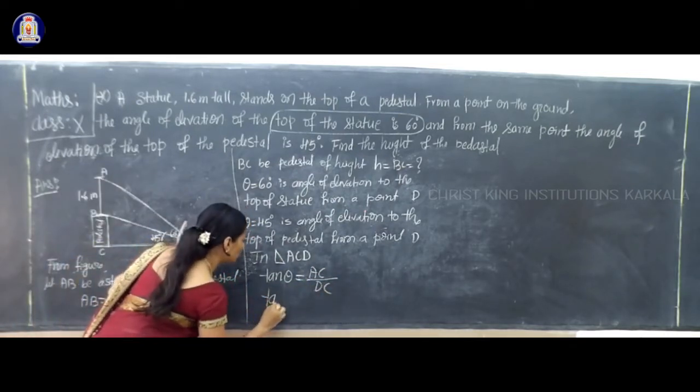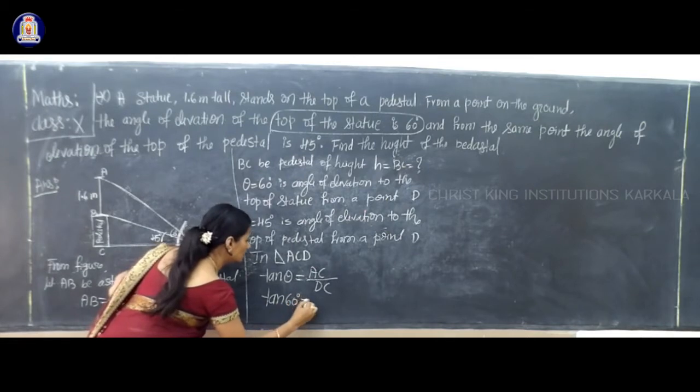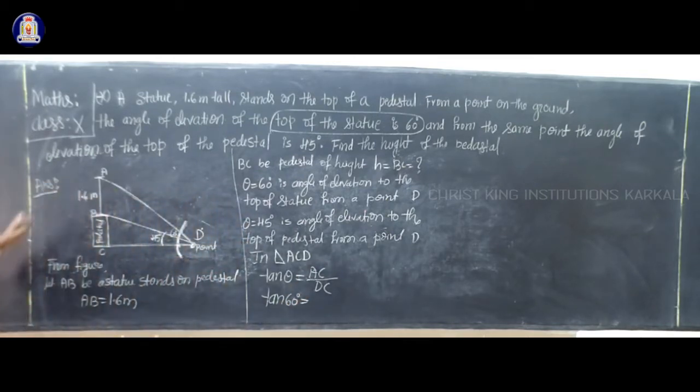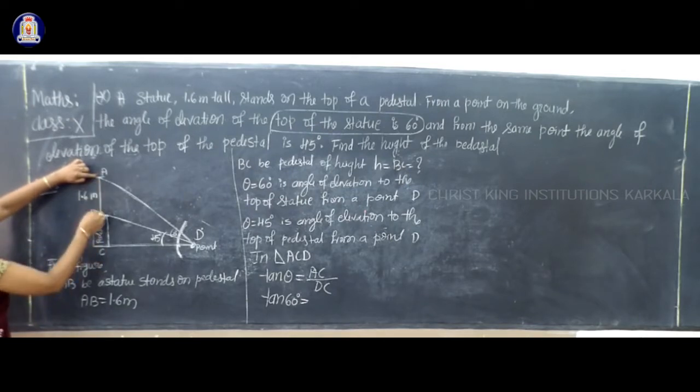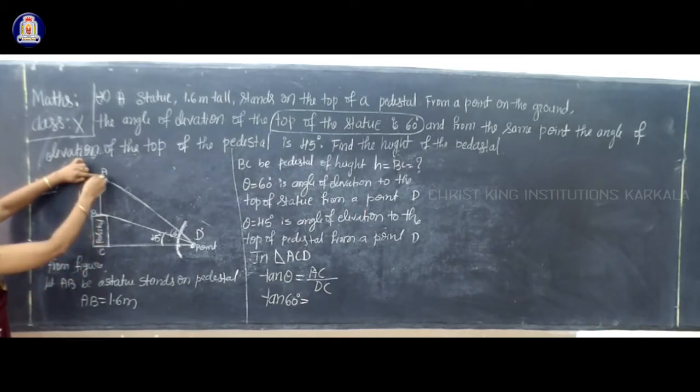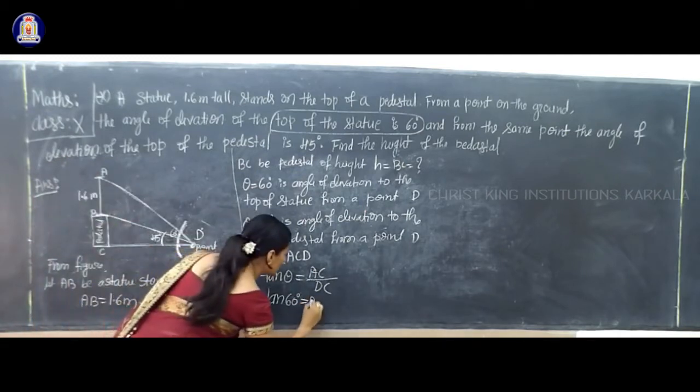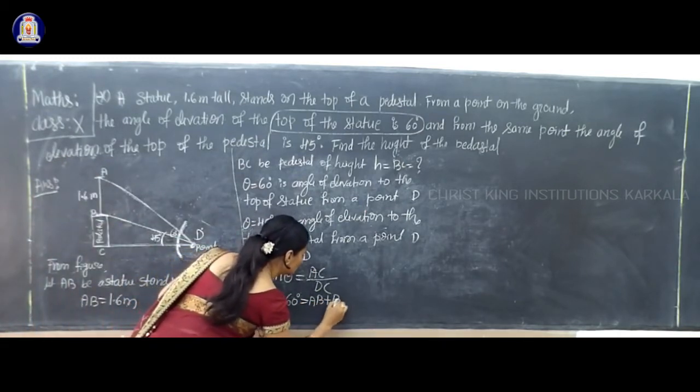So now substitute. Tan 60 degree is equal to AC over DC. Is AC completely given? No. So AC is divided into two parts, that is AB and BC. So how can we write AC? AC we can write as AB plus BC.